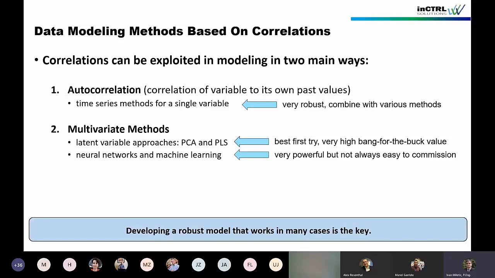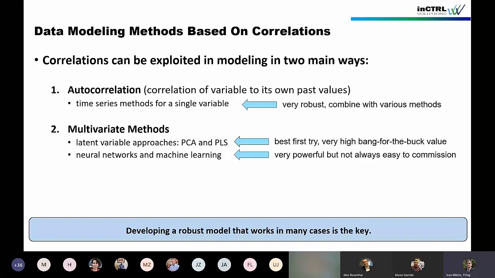So I would suggest that because my personal belief is not to overwhelm a project with too much technology, that you would try for a high bang for the buck value that you might get from PCA and PLS methods first, and see what you can do with those approaches and combine them with something like a time series model to extract, in my opinion, very useful information out of a data set to the point that you can use them for process improvement.